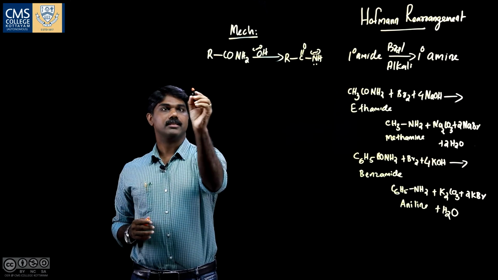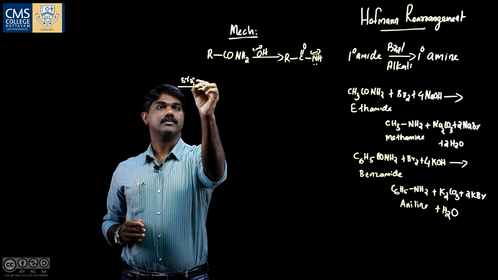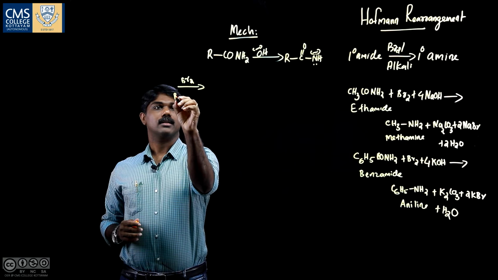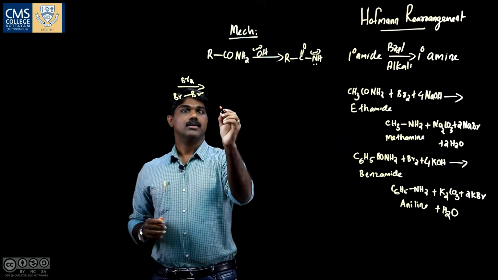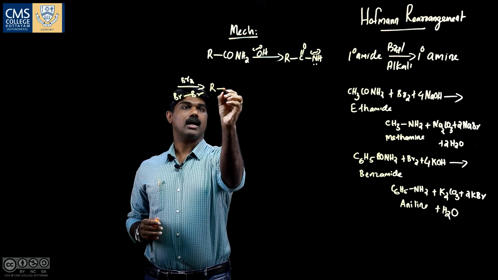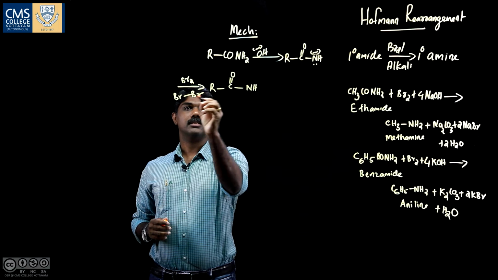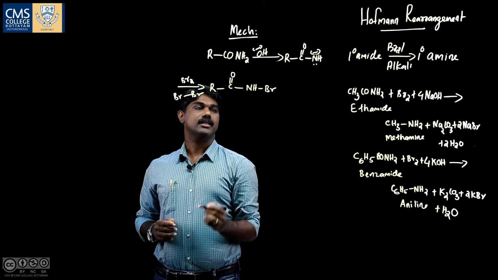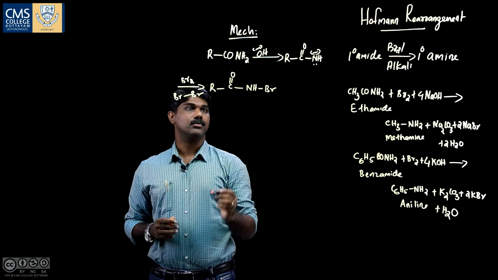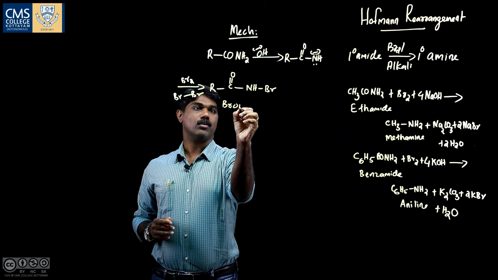Okay, and this anion attacks bromine. Let us write like this, Br. We get RC double bond O, NH, this NH takes this Br, and we get RCO, NHBr, and this is called bromamide.